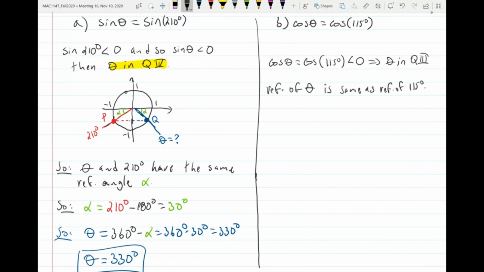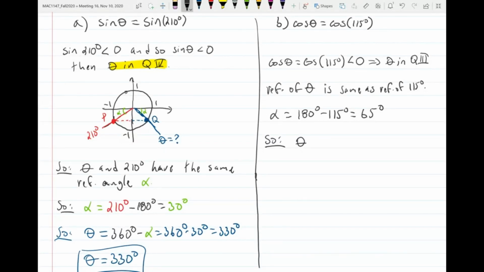So let's find it. What's the reference angle of 115? How do you find it? It's in quadrant 2, so you do 180 minus 115. Very good. So you get 65. So if the reference angle is 65, how do you find theta? We know that theta is in quadrant 3. What's the reduction formula?